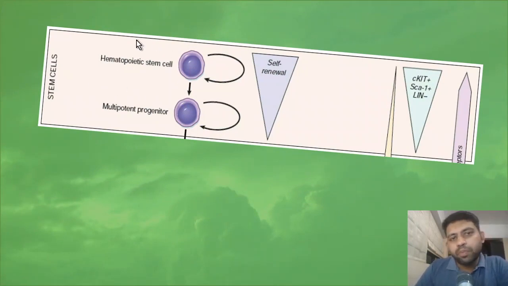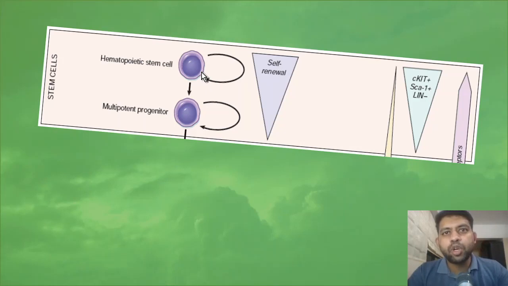See, this hematopoietic stem cell has got two very important properties. One is self-renewal. This arrow depicts self-renewal. So it keeps the hematopoietic stem cell pool at a finite number, so that it is not exhausted.